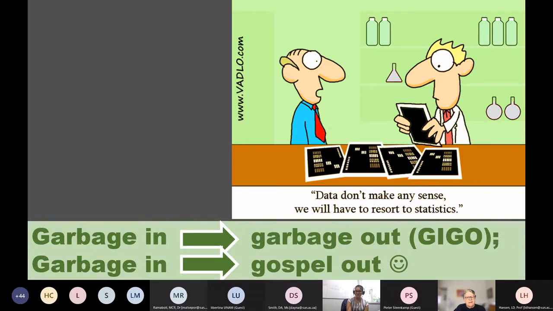Now, there's a lot of discussion around quality research. The GIGO, for example, says if you put garbage in, you get garbage out. So if it's poor methodology, whatever you find will really not be worth anything.